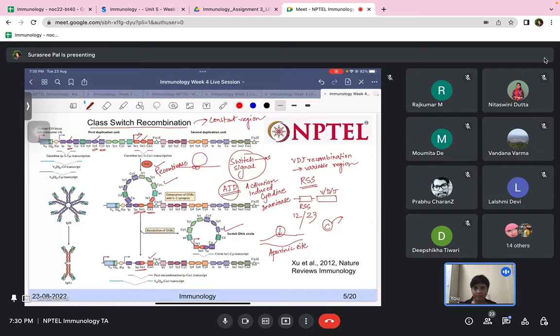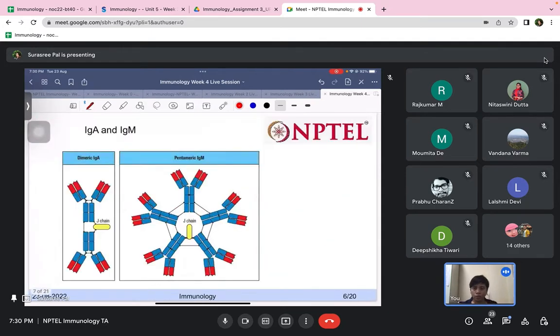The DNA is being looped out, and after the recombination event, the particular immunoglobulin class will be expressed. Alright, so if that is okay, then I'll go on.